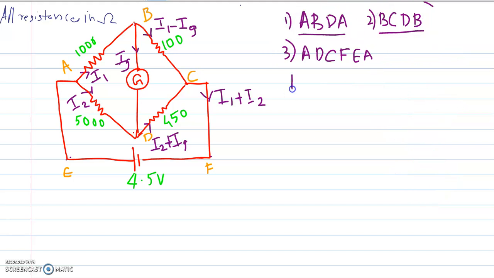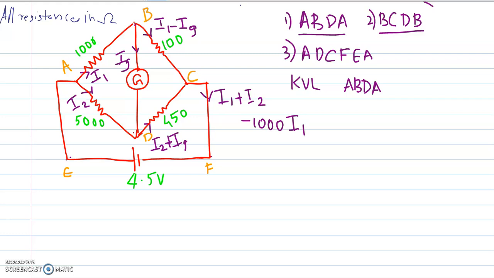So let us write the KVL for ABDA. From A to B, I am moving in the same direction as the assumed direction of the current, so it is a drop in voltage. So it is minus 1000 I1.